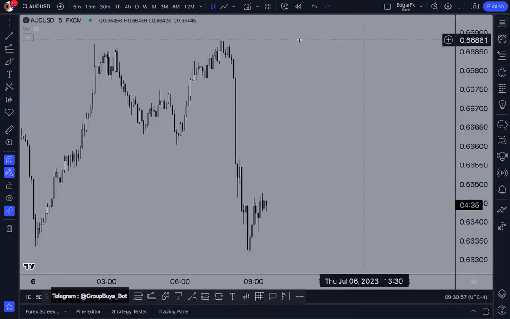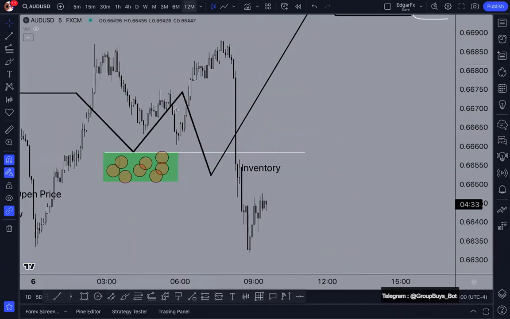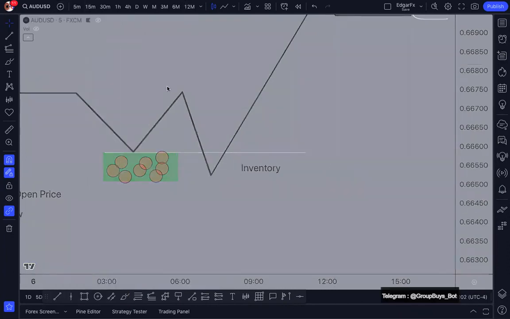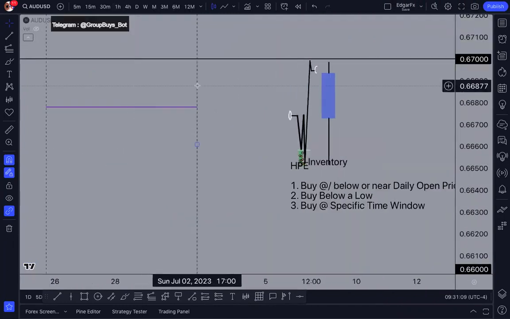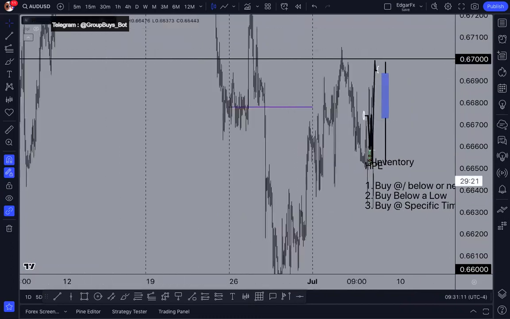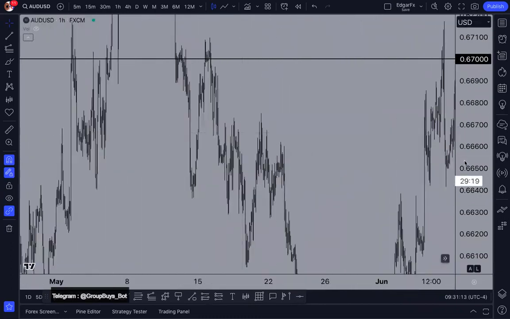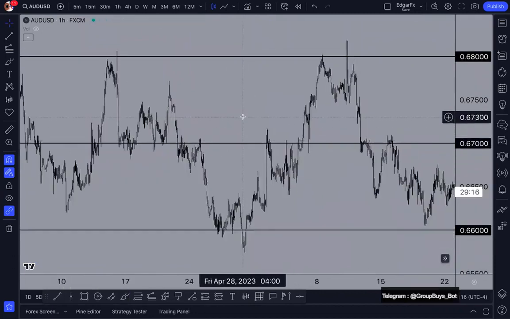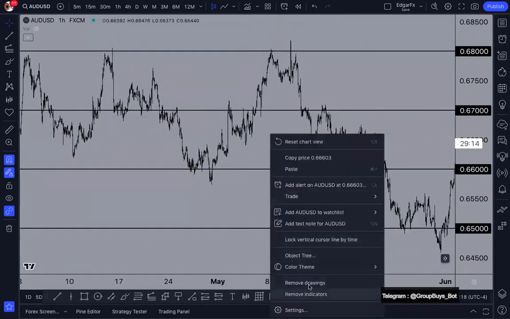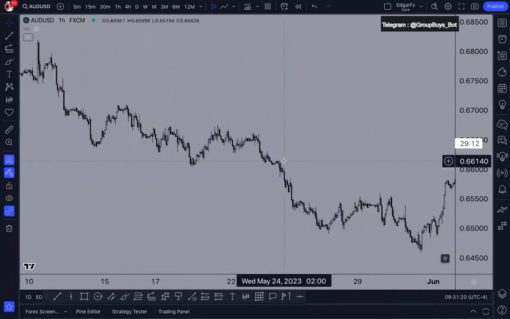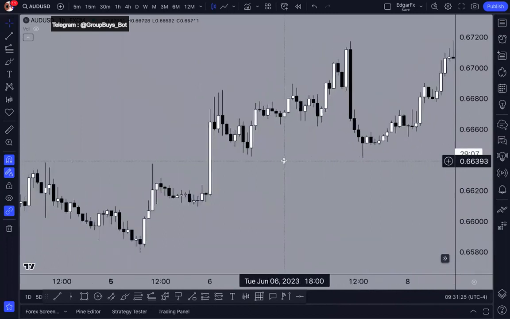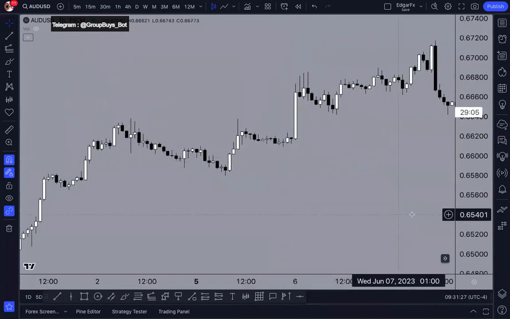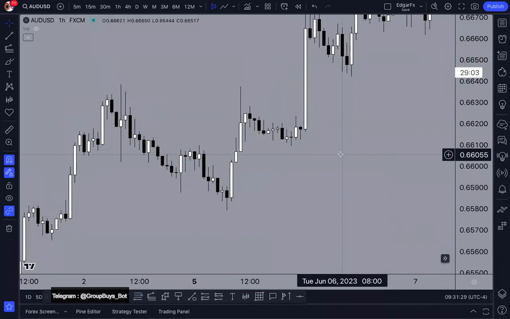Buying below the low. Yes. So like this. Okay, so the way that install works is you go look for a situation where that concept appears.